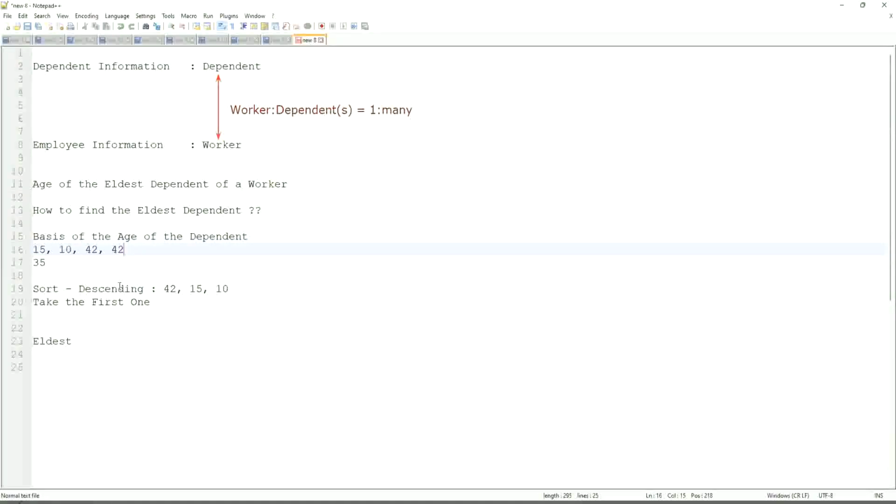Okay. But in this case, let's say you have more numbers like 42, 43, 75, 82, and so on. If one worker has so many dependents with these ages, will our logic that we have defined be absolutely bulletproof?